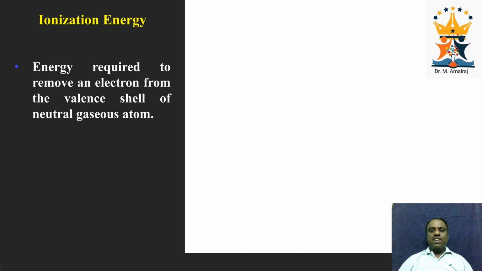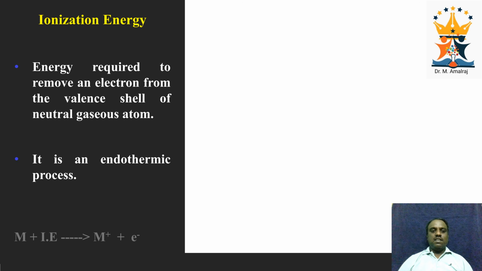Now let us discuss the most important step in the formation of an ionic crystal, the ionization of a metal into its cation. The energy involved in the process is known as ionization energy, defined as the energy required to remove an electron from the valence shell of a neutral gaseous atom. Since energy is required, the process is endothermic.